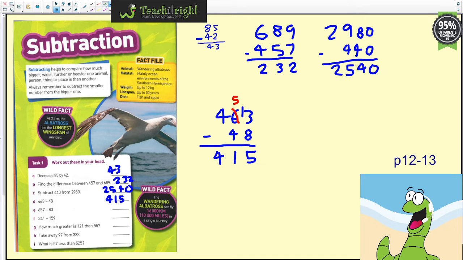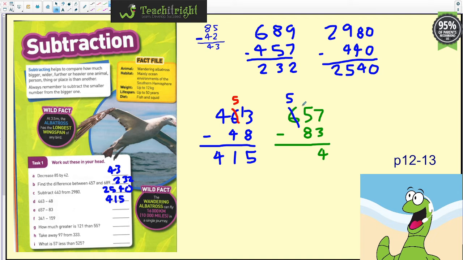This next one, we have 657 take away 83. So 7 take away 3 is 4. We've now got 50 take away 80. We can't do 50 take away 80, but if we borrow from the hundreds, making the 600s 500s, we've now freed up 100, so we can add that on.